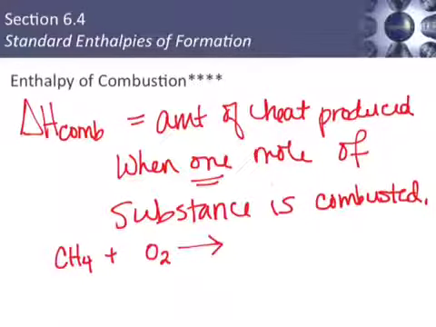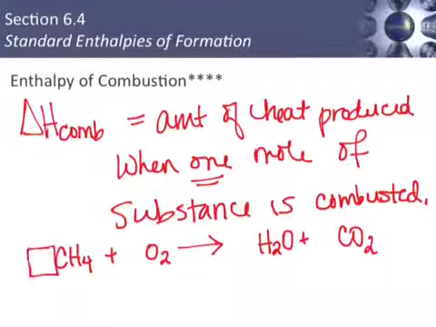And what are the 2 products we're going to make? Water and CO2. You'll always make water and CO2. Okay. We need to balance this. When balancing, the number in front of CH4, or in front of our substance that we're combusting, must always stay as a 1.